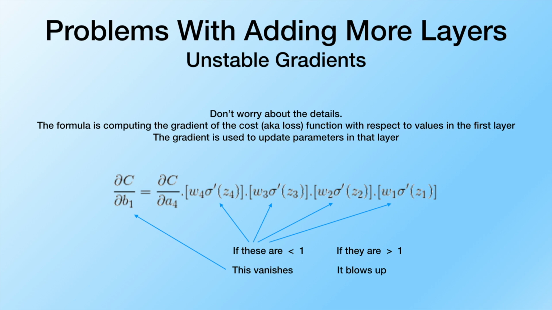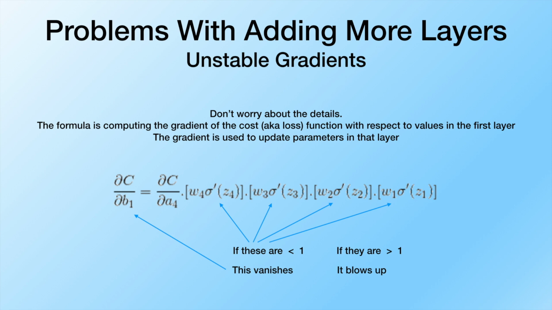So in this case, you can see that we have 4 layers, so we've gone 4 layers back. Now, if you imagine that each of the terms inside of those brackets are less than 1, especially if they're significantly less than 1, and so that is going to be related to the values of our weights. If those are significantly less than 1, then you can see that the gradient would vanish because you're multiplying a whole bunch of really small numbers together. So for example, if you had 0.1 times 0.1, etc., so you'd have 0.1 to the 4th.